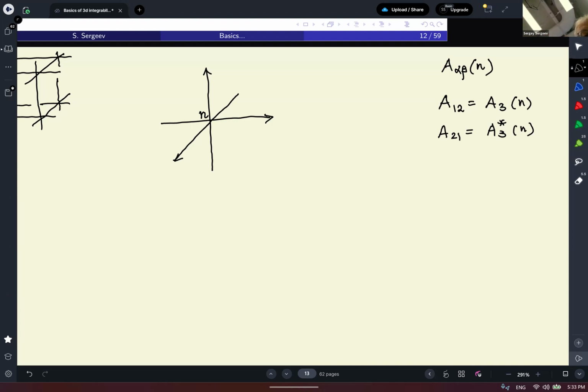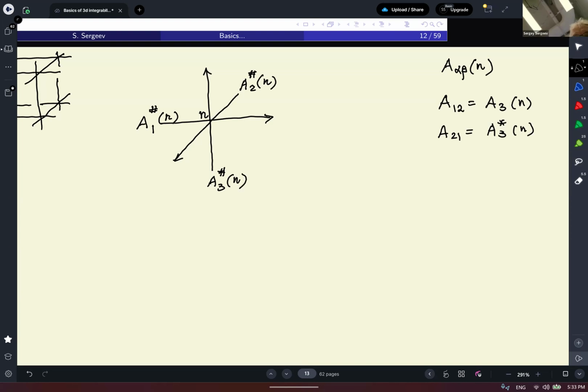So for instance, here we have A1, A1 of n. So A1 of n belongs to the ingoing edge of vertex n. Here A2 of n, and in the bottom A3 of n.